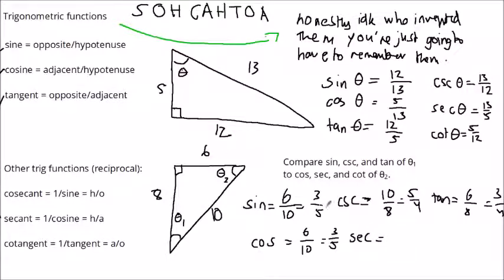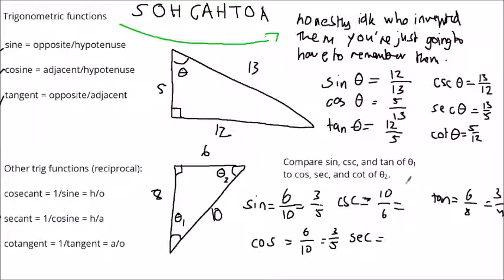Secant of theta 2 is 1 over cosine. The cosine is 3 over 5. Actually, I am sorry, I made a mistake.